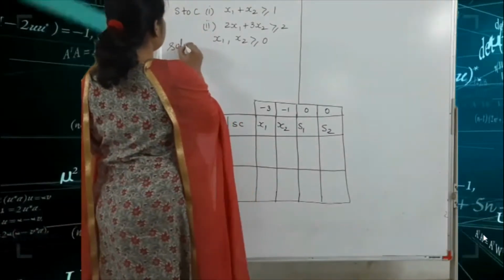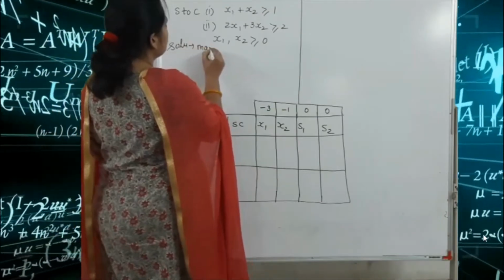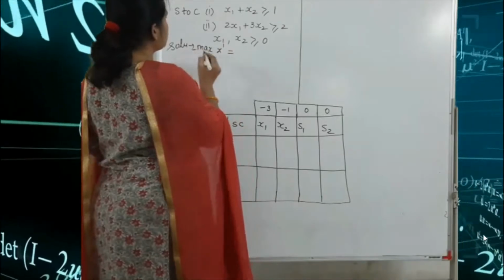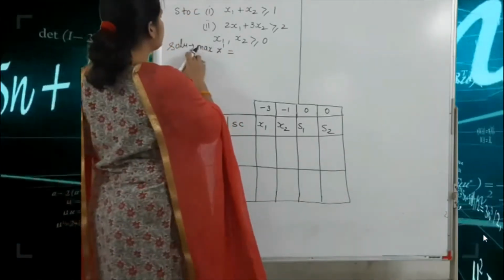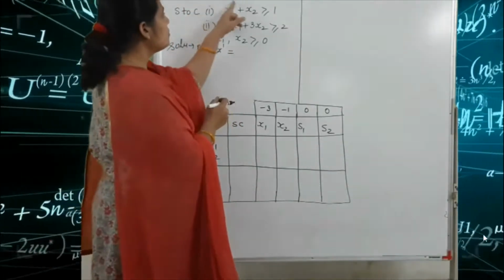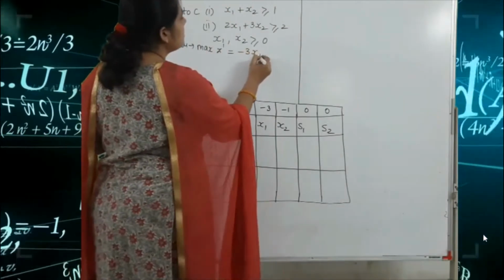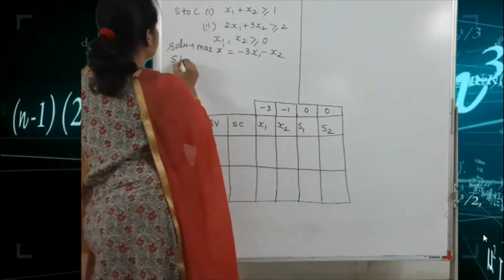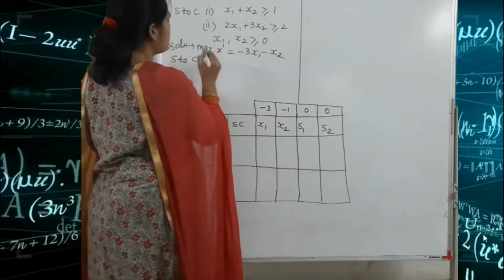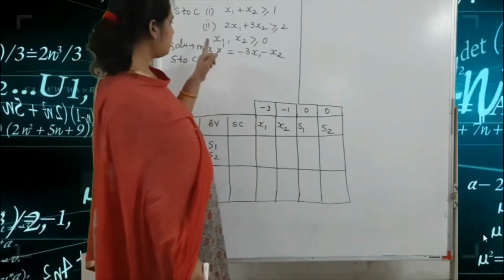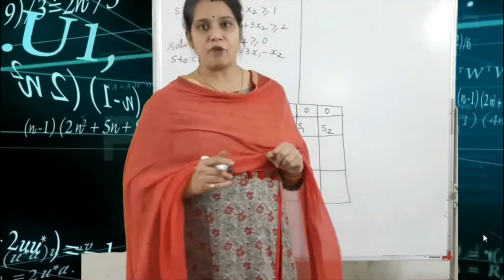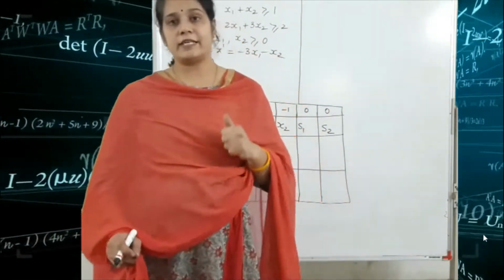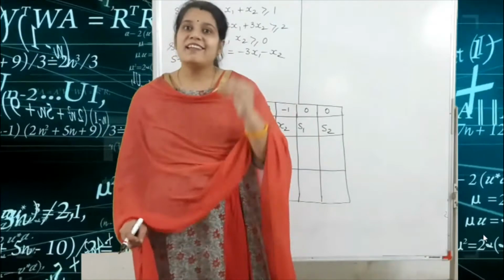So first we write here maximize z dash. Because we take the minus sign, minimize z means maximize minus z, so you write minus 3x1 minus x2. Got it? Now the subject constraints: if your question is converted into the maximization form, your inequality is always in the less than equal to type.